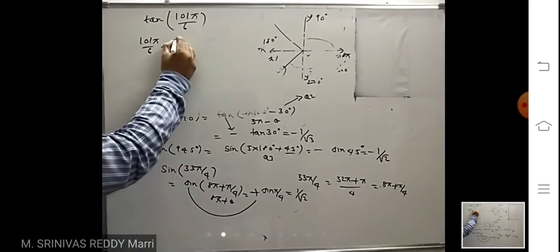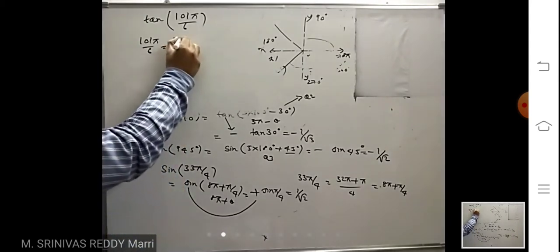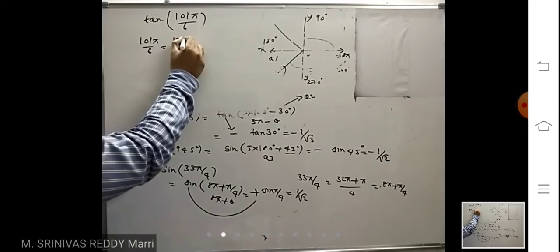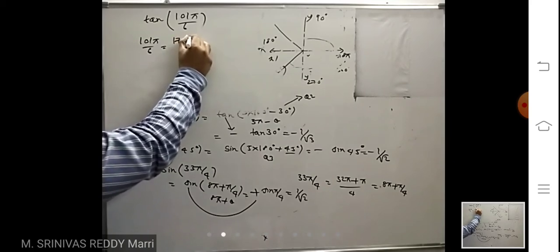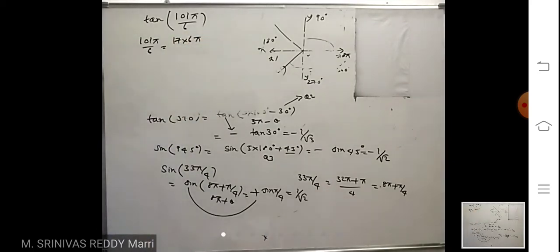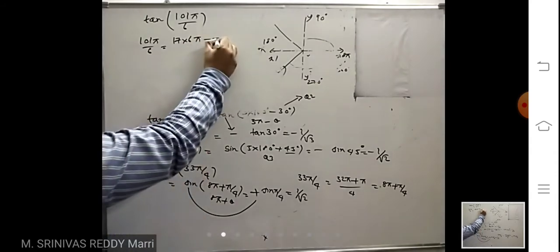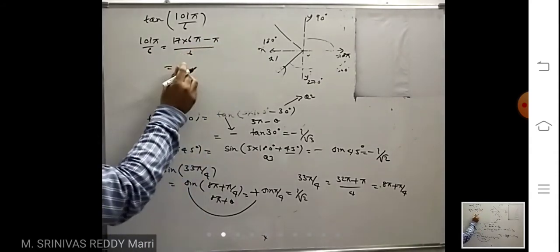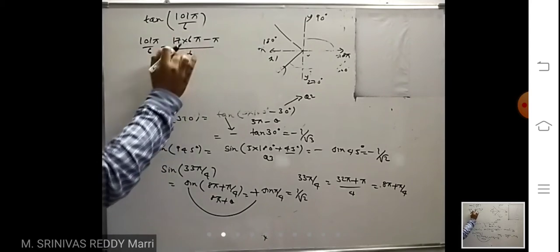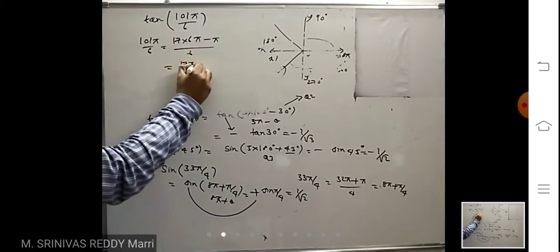That means I will write 17 into 6 pi. So 102 pi minus pi divided by 6. Such that if I write multiple of 6, if I divide, it will get cancelled.